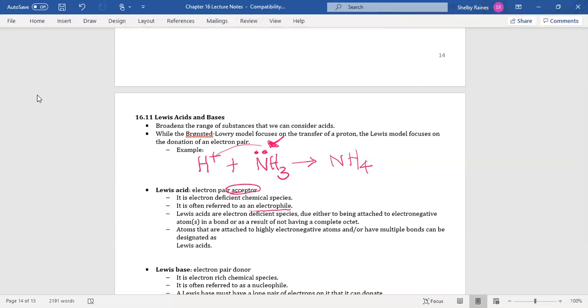So atoms that are attracted to highly electronegative atoms or have multiple bonds can be Lewis acids. Again, Lewis acids usually have a positive charge or an incomplete octet such as beryllium, boron, and aluminum.